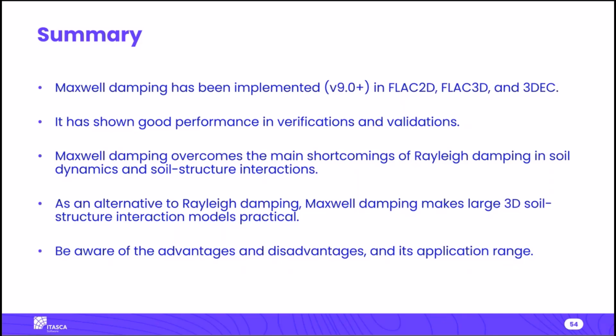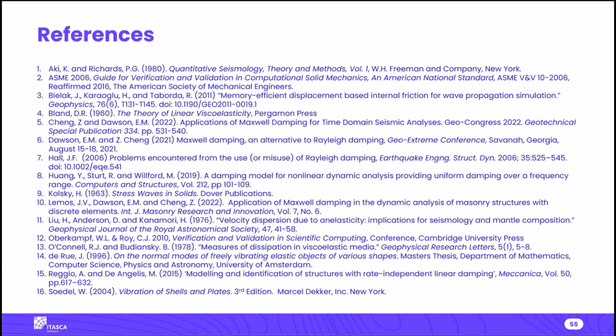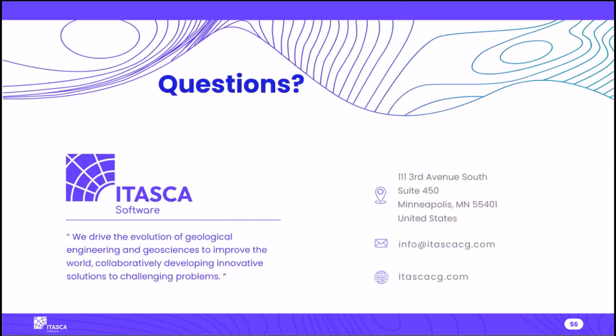But at the last, just be aware of the advantages and disadvantages of Maxwell damping, and also be aware of the application range. Here are some references for this presentation, and thank you very much.